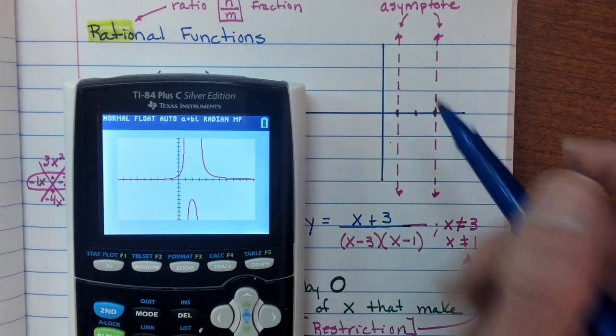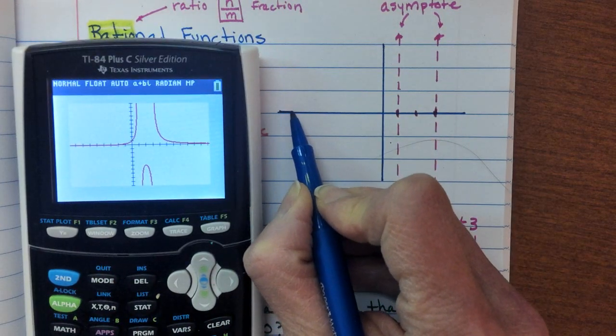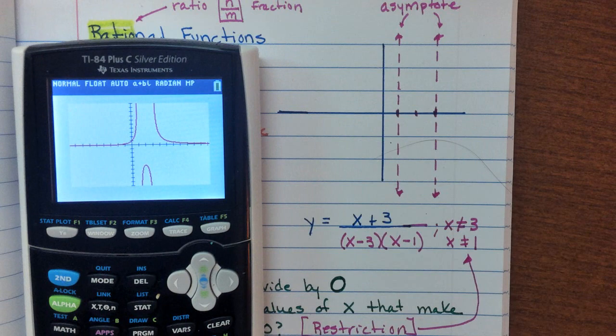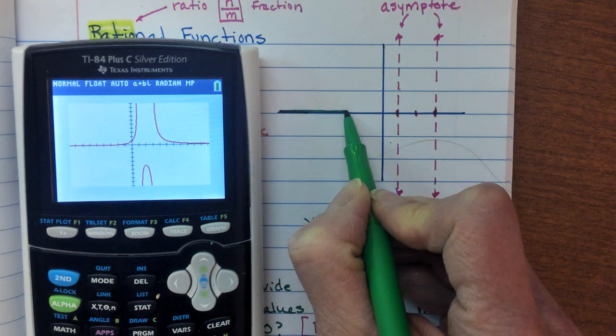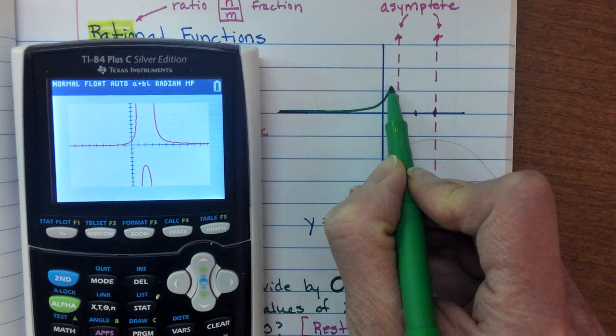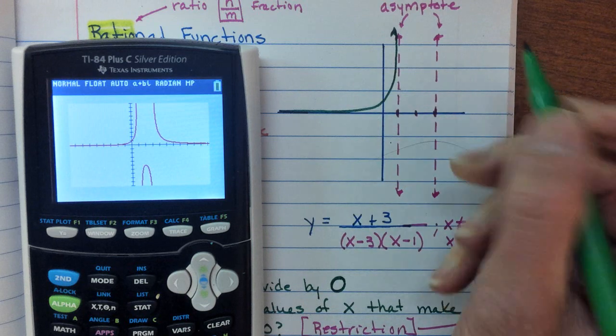If I were to graph this or sketch it, notice how my function looks like it runs along, I'll show you a different color, use green, runs along my x-axis, and then it starts to come up, and it gets really close to that asymptote.